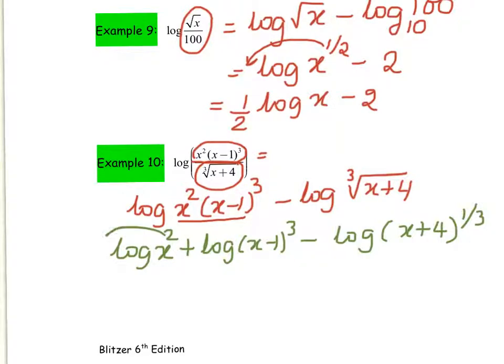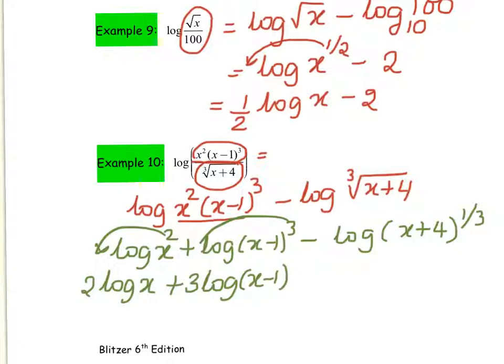So now this is the power, it goes up in the front: 2 log x plus 3 log (x minus 1) minus 1/3 log (x plus 4). That is going to be your final answer.